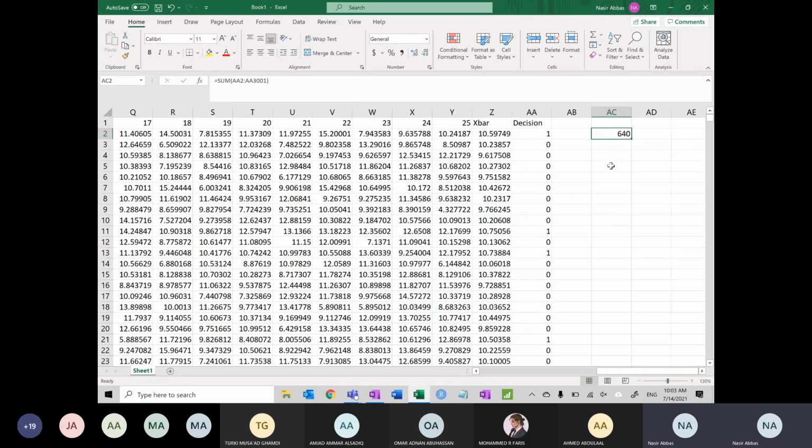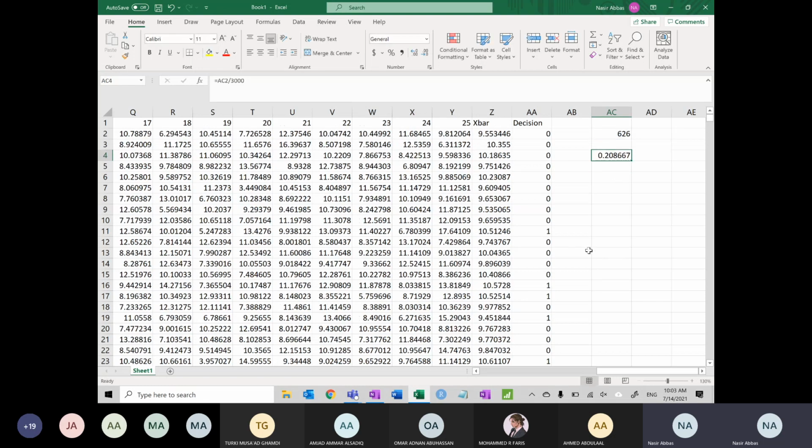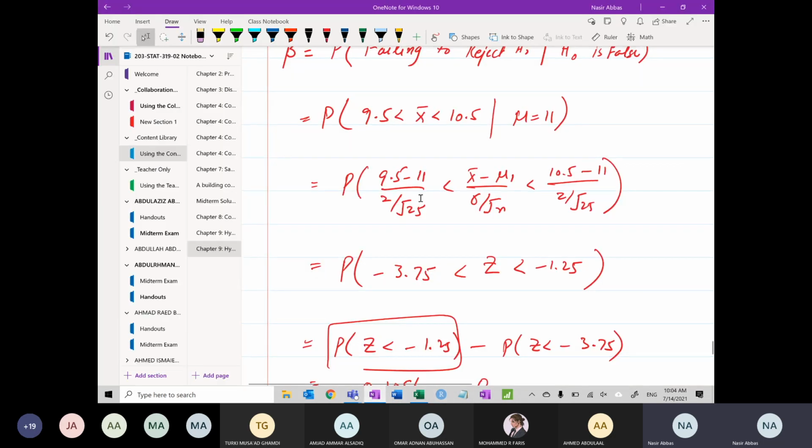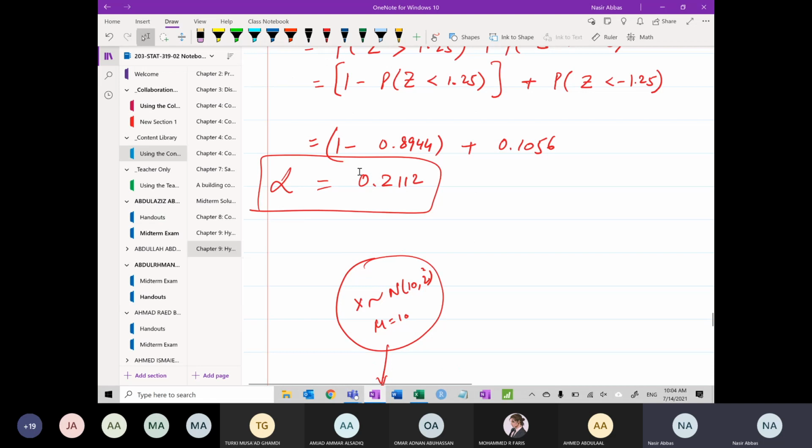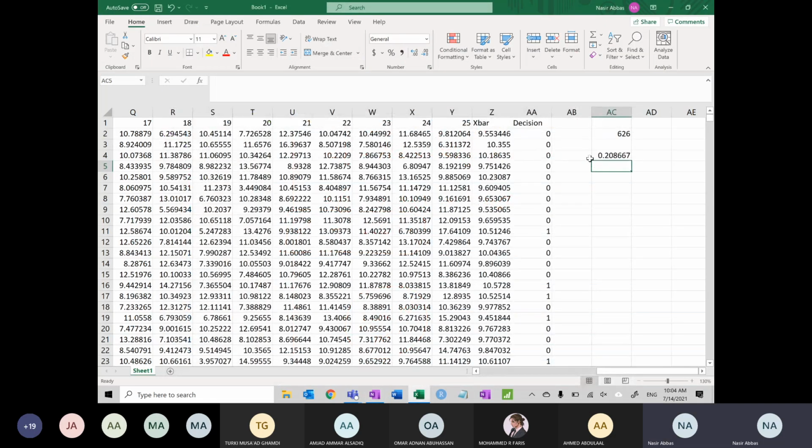Out of 3,000 times, 640 times I rejected. To find the probability, I'll divide 640 by 3,000. Almost 20.8% of the times I rejected H0, which is in line with the probability of type 1 error you found, 21%. I did this only 3,000 times, which is why I'm getting approximately 21%.